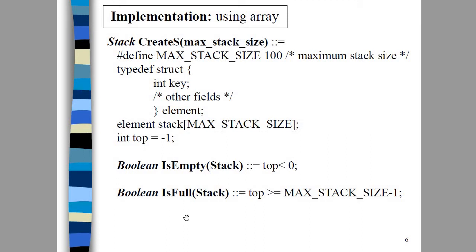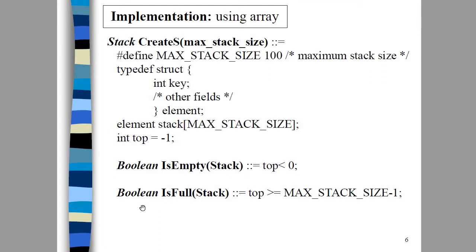The next one is checking whether the stack is empty or not. How will we identify that? We need to check if the top pointer value is less than 0, which means the stack is empty.